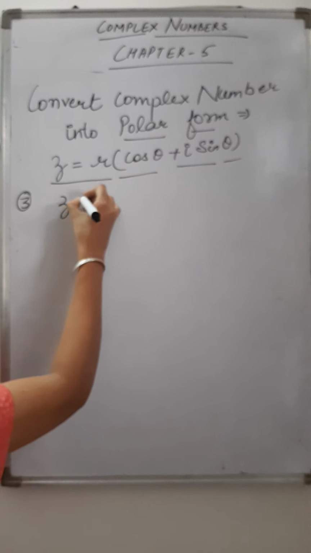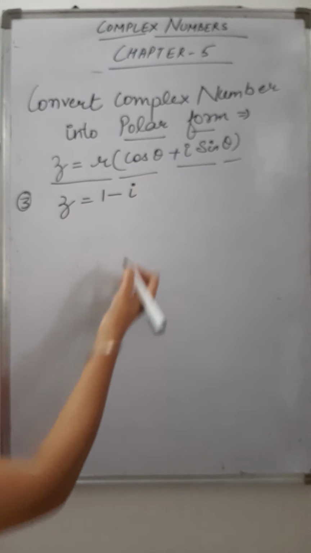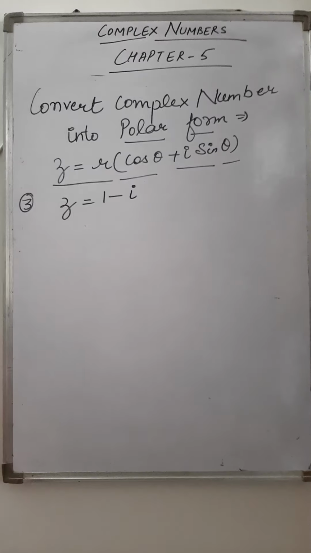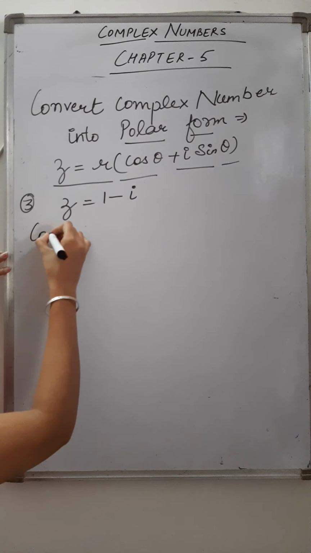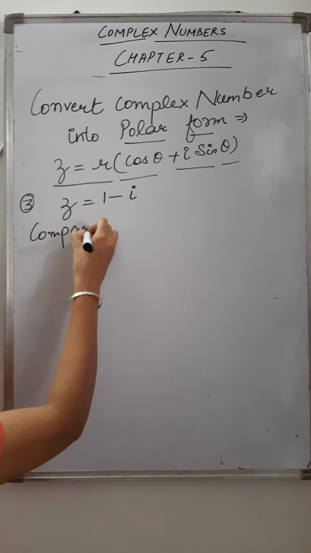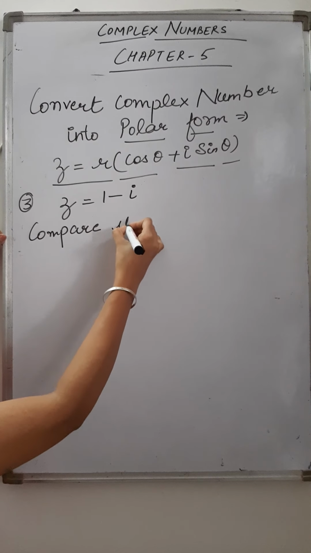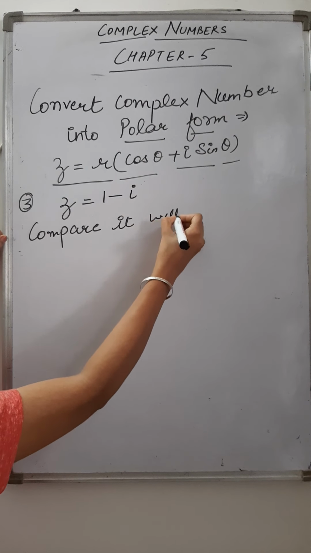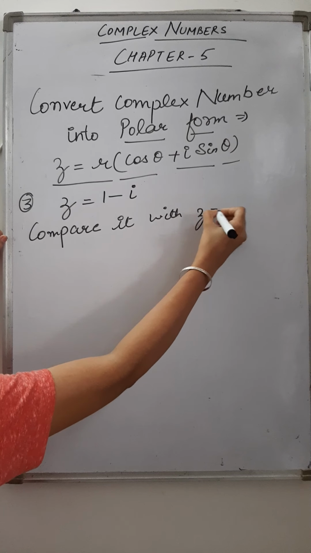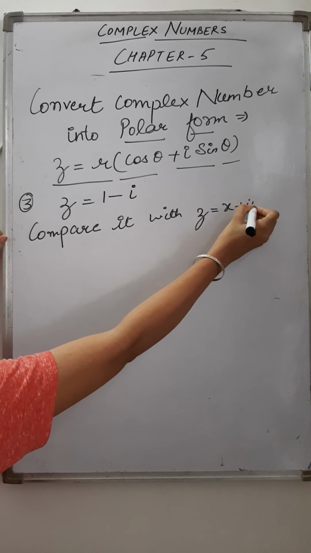z is equal to 1 minus iota is your complex number. So here, similarly to question number first and second, compare it as it is, students, with z is equal to x plus iota y.